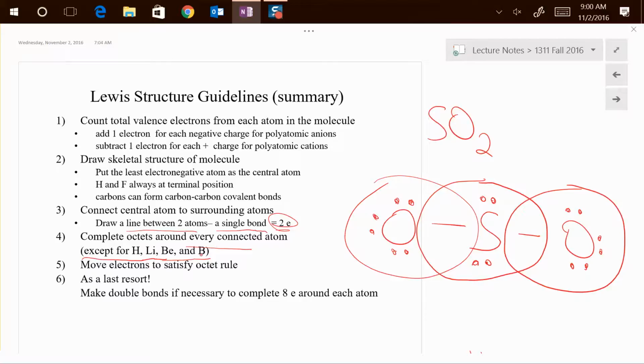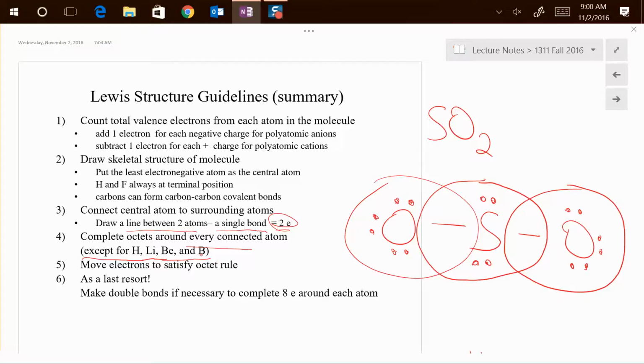It can spread its 3 out and make up to 3 bonds. How many valence electrons is that? 6. Is that a complete octet? No. Boron cannot complete its octet. One of the biggest mistakes people make when drawing boron structures is putting 8 electrons on boron. Boron cannot have 8 electrons.